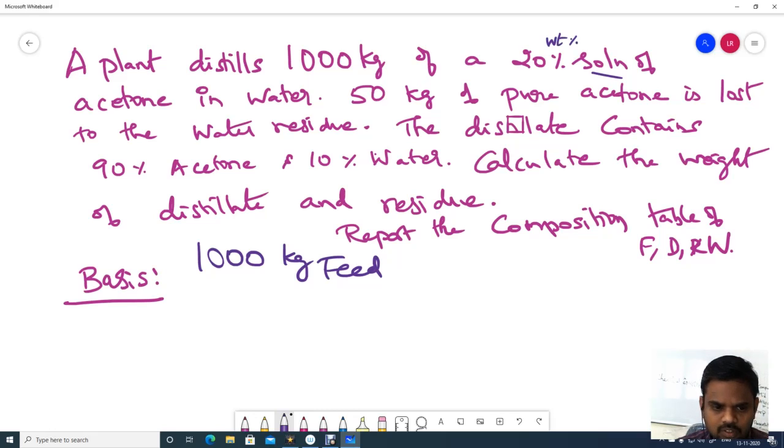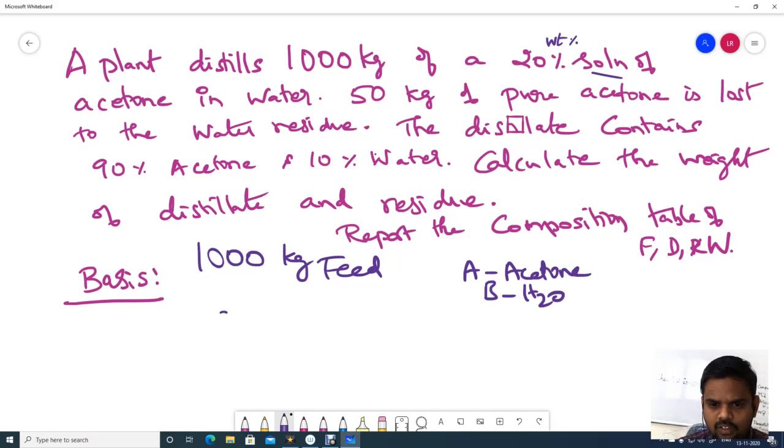Okay. So we can assume the given percentage is in weight percentage. So we have taken a basis of 1000 kg and it contains, let A be acetone, B be water.